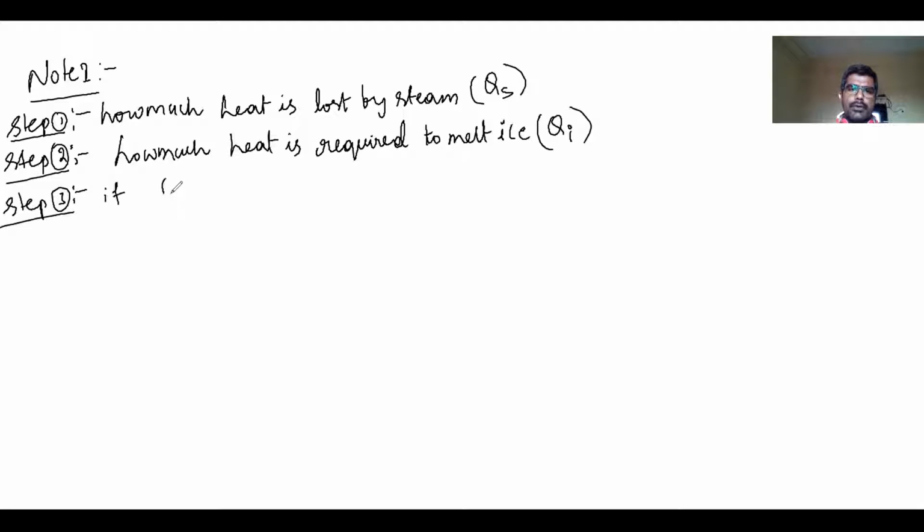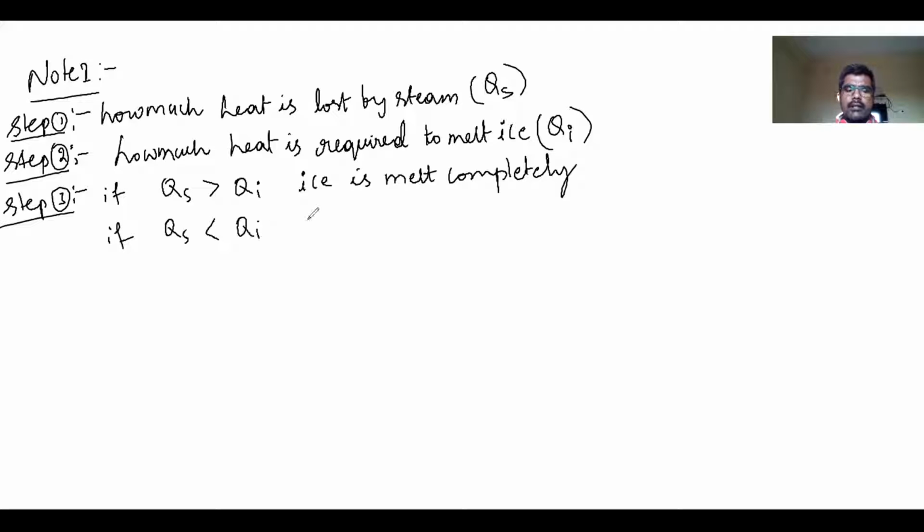And step 3, you should compare these two. If Qs is greater than Qi, ice is melted completely. If Qs is less than Qi, ice is not melted completely.